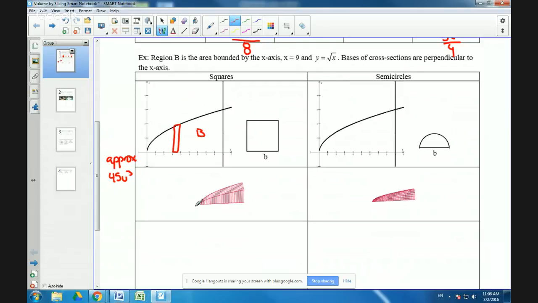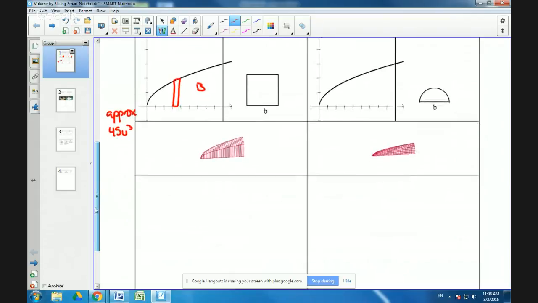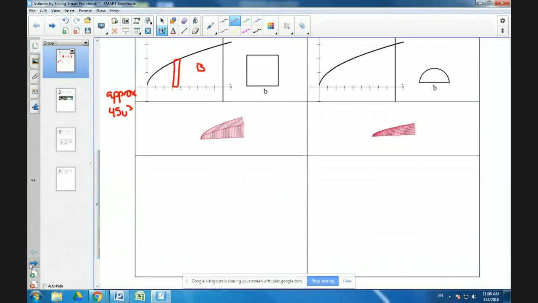The bases of cross sections are perpendicular to the x-axis, which I already drew in there, correct? So that's kind of the information phase of these problems. You got to decipher what the region is, and if they're perpendicular to the x or the y. What is the volume of that shape would be the question. Okay, or what is the volume of the figure?